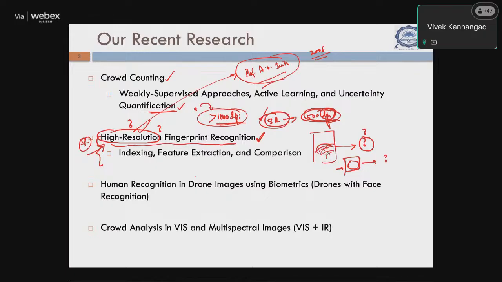Similarly, given a fingerprint, we're trying to determine who it belongs to. That's what biometric recognition is all about. In high resolution we can see more details as compared to standard resolution, and those finer details will help us improve the recognition accuracy, or in general performance.